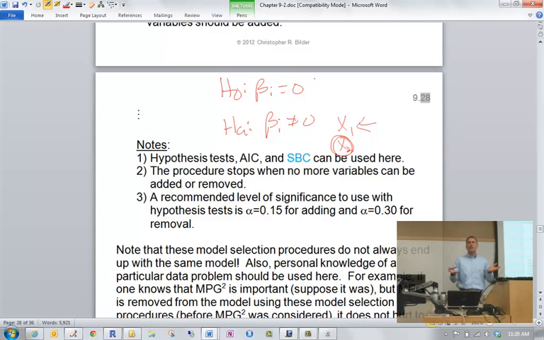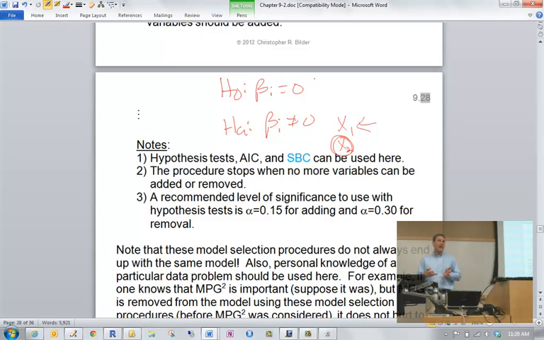You might be asking, well, why do we do this? Well, you need to somehow be able to narrow down your variables, and this is just one way to do it. But given what I just mentioned about the hypothesis testing situation, this is one reason why some people prefer the AIC, because the lower the AIC, the better the model.